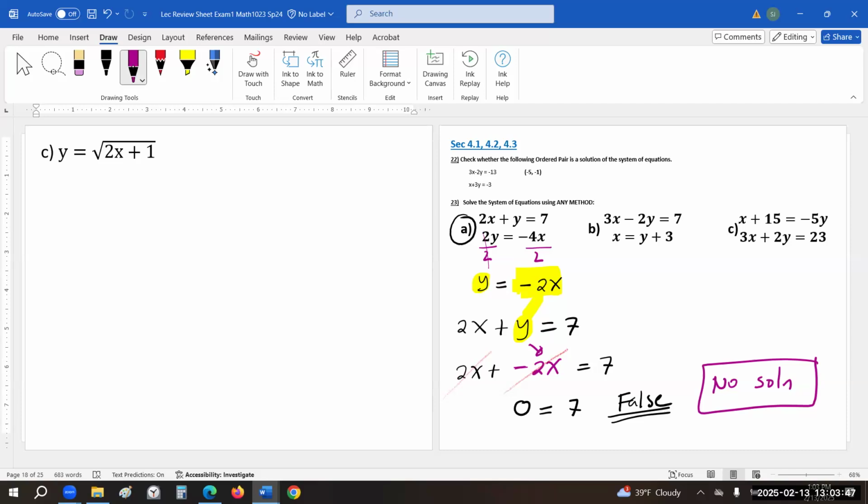However, if we had a true statement like 7 equals 7, then what would have been the answer? Infinite solution. So a true statement means infinite solution, and a false statement means no solution.